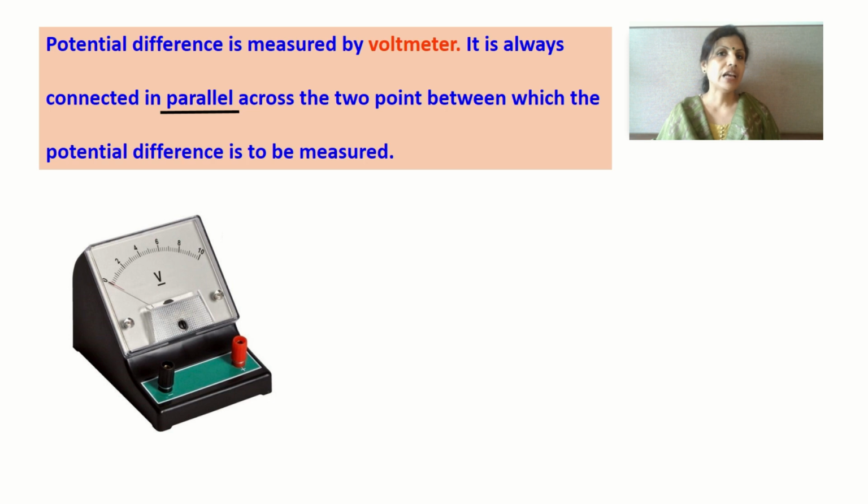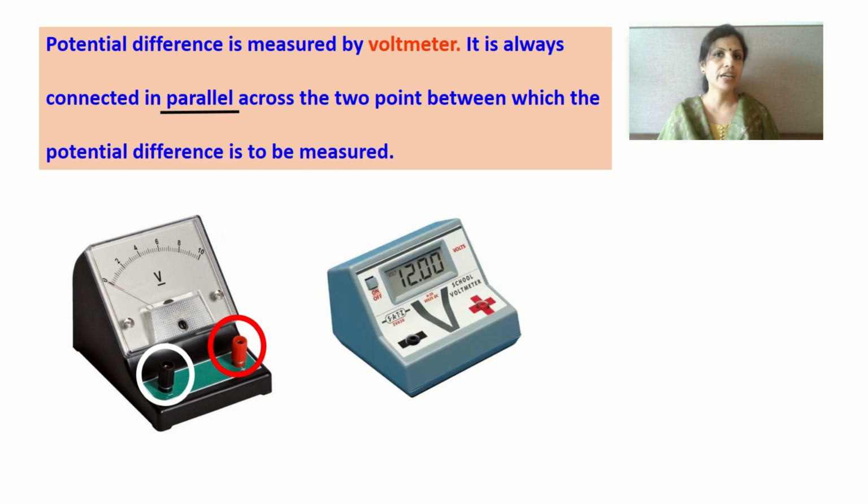The figure which is flashing at the bottom of this slide is a voltmeter. This is the positive terminal of the voltmeter and this is the negative terminal. Nowadays, voltmeters are also available which give us digital readings, so there is no need for us to see the scale there. It gives us direct digital values.